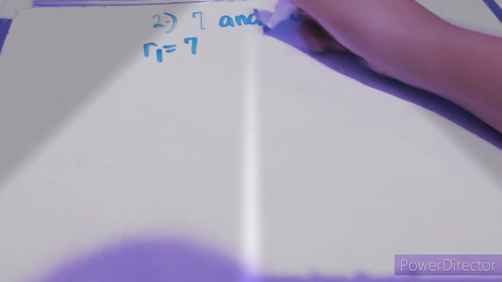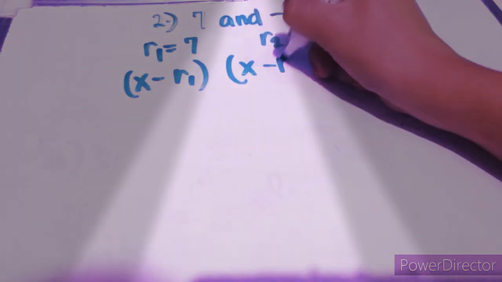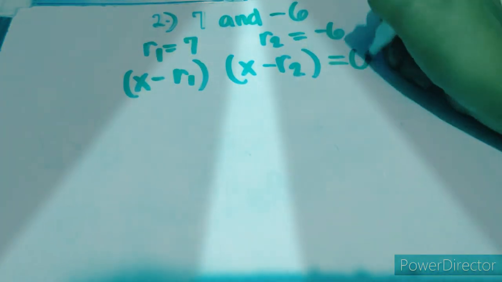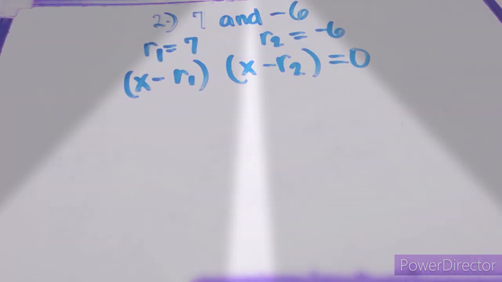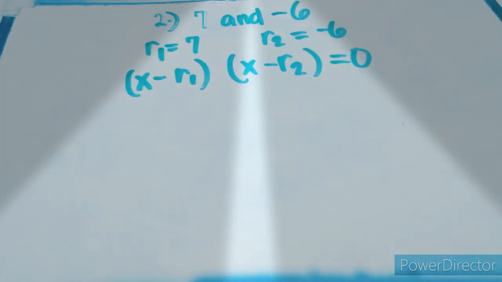We'll have the second one, that is 7 and negative 6. So your r1 here is 7 and your r2 is negative 6. Use the formula, so you have x minus r1 times x minus r2 is equal to 0. And after that, substitute the given roots on the formula.